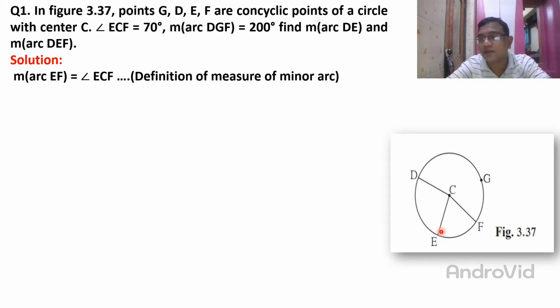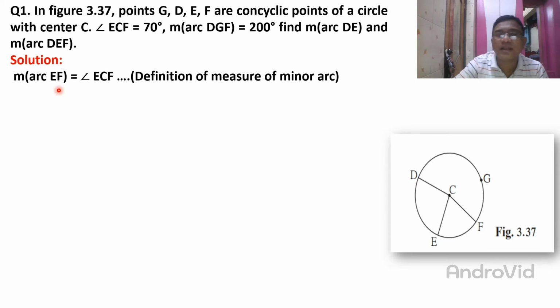See, this is E, this is C and this is F. So ECF is the central angle, and the arc in front of it is EF. The angular measure of the central angle is equal to the arc in front of it. ECF is 70 degrees, so EF is also 70 degrees.